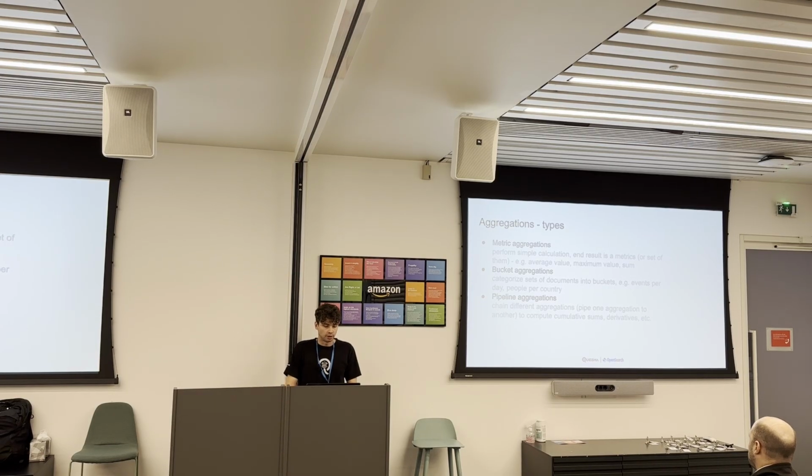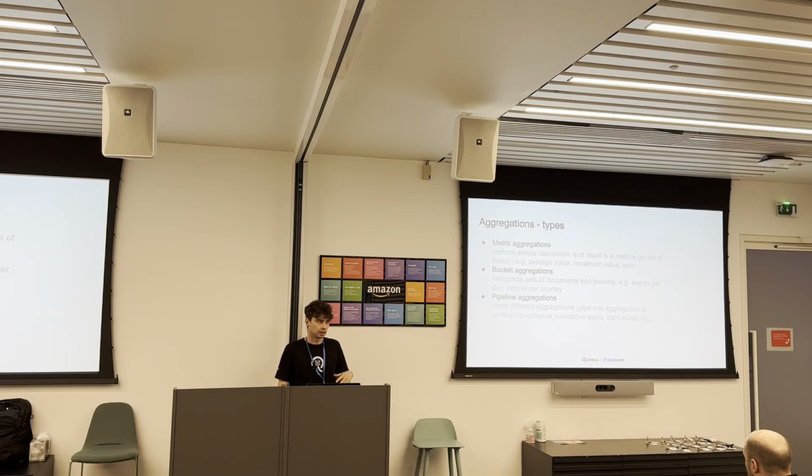There are also bucket aggregations, which tend to categorize the set of documents into buckets. For instance, we can group events by day, group people by the country they are coming from, and have this set of buckets of documents generated. Third, and the most complex type of aggregation, is the pipeline aggregation.